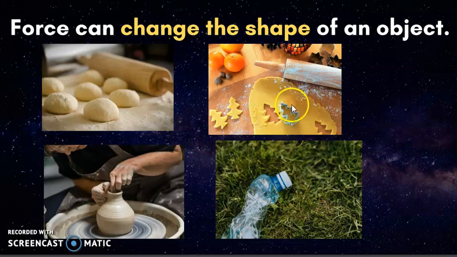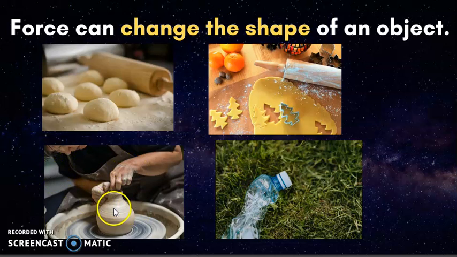Same is here. Here the dough, can you see? It doesn't have a regular shape, but you applied a force and what did you get? You get a tree shaped dough, right? Same when you crush a bottle. You apply the force and you crush it. The shape is changed.